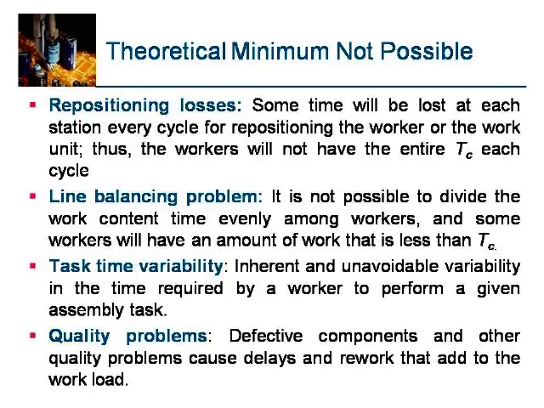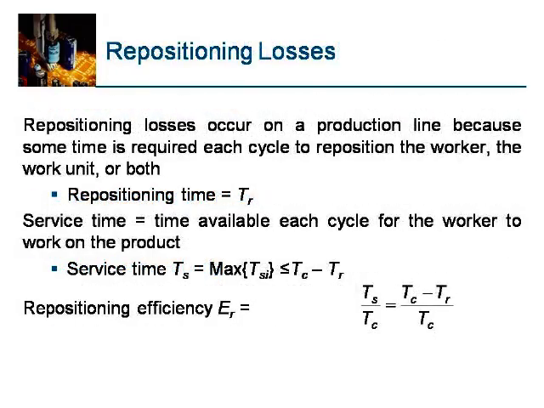Task time variability: inherent and unavoidable variability in the time required by a worker to perform a given assembly task. Quality problems: defective components and other quality problems cause delay and rework that adds to the workload. Repositioning losses occur on a production line because some time is required each cycle to reposition the worker, the work unit, or both.